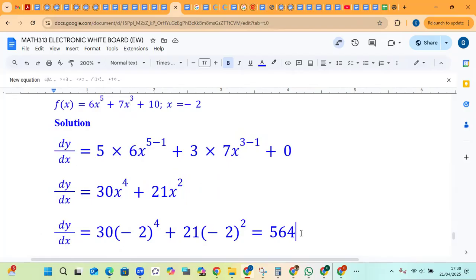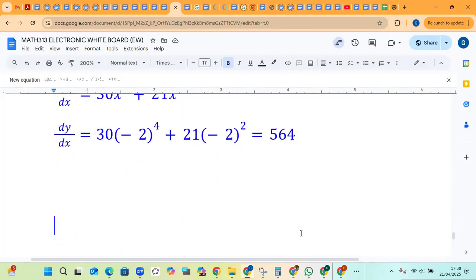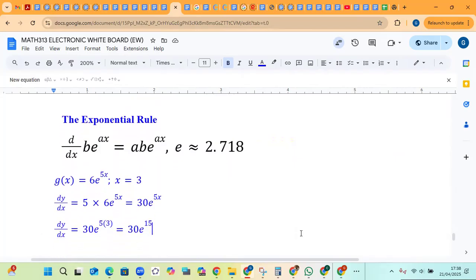x equal -2. And then we have the exponential function. Applying the exponential rule, you simply multiply e by whatever is in front of e. So if you have, for example, 6e to the 5x, you simply multiply the 5 by 6 to give us 30e raised to the 5x.